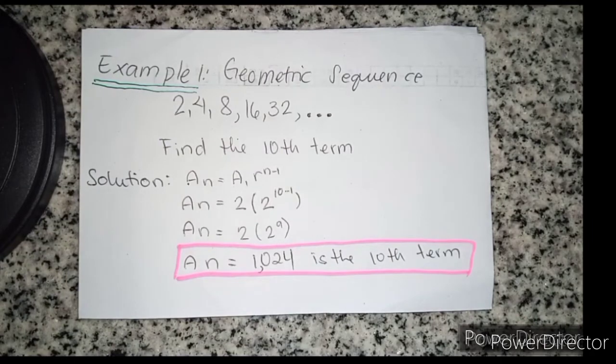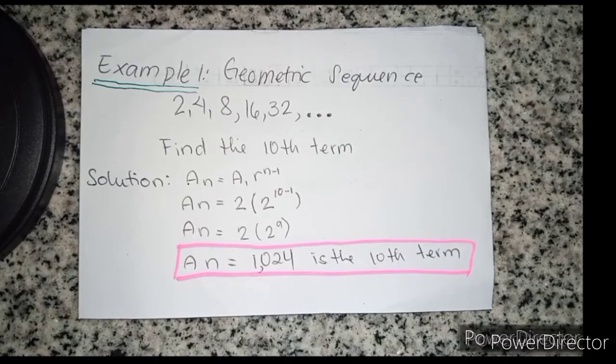So we have 2, 4, 8, 16, 32, and so on and so forth. We need to find the 10th term. So as you can see in this example, the multiplier is 2.